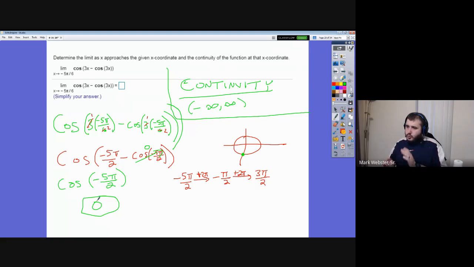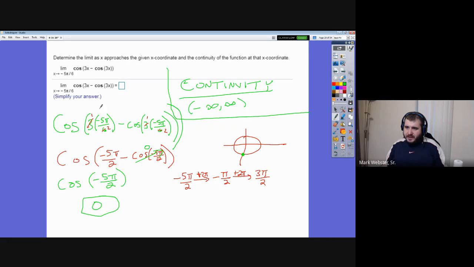So to review with this one, the cosine function is all that we see here anywhere, just cosines. So our continuity is undisturbed. We have full continuity, full range of motion from negative infinity to positive infinity. Nothing in between is kicked out. So now we're just going to plug it in and figure out our answer.